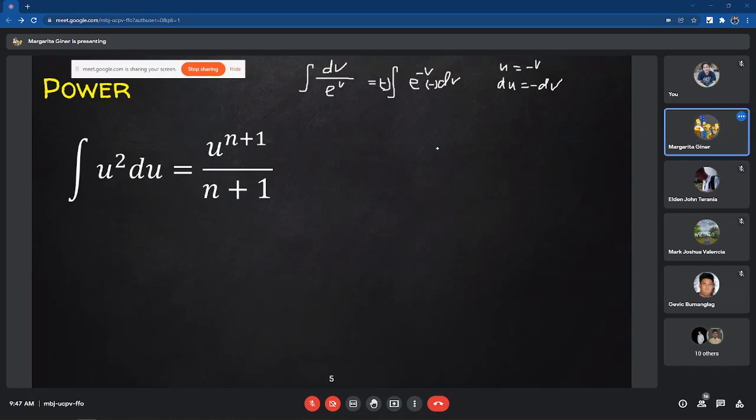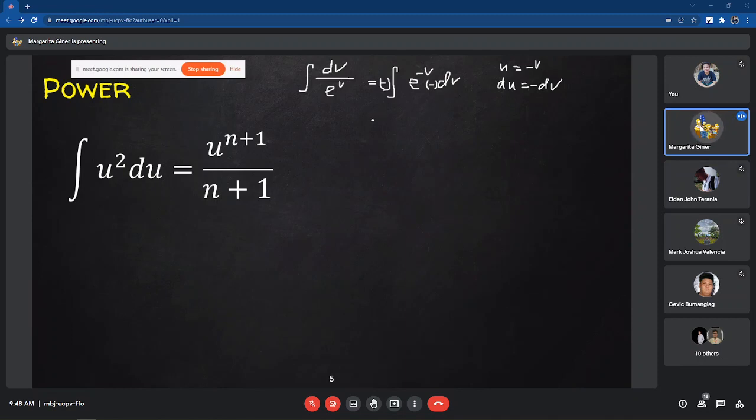Now, what rule do we use here? Do we use the power rule? No. It is not the power rule, because we solved it based on the exponential formula. Okay? Your u is exactly the same as your du here. So, this is not the power rule, but rather an exponential.